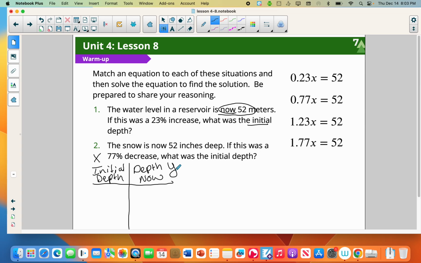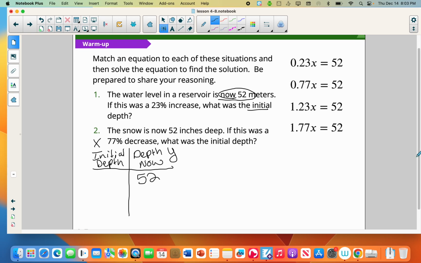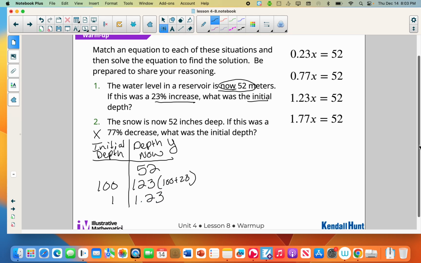So the water level is now 52 meters. And so remember, we need an amount, we need our percent, and it says it's a 23% increase. So that's going to be 123%. And then our constant of proportionality will be 1.23.